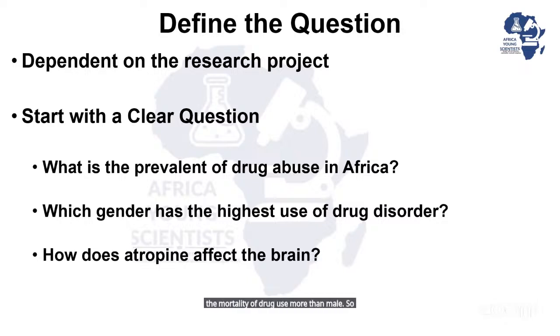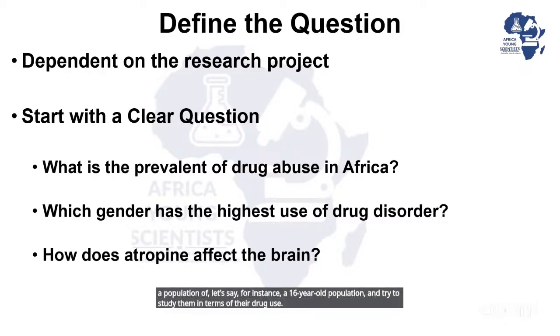So if you study the population over time, just to put a context to it, let's say you took a population of 16-year-olds and tried to study them in terms of their drug use.